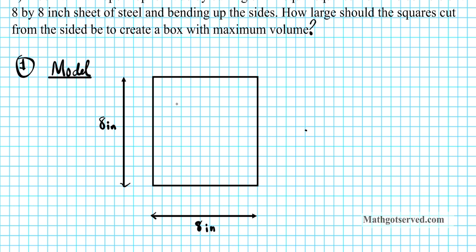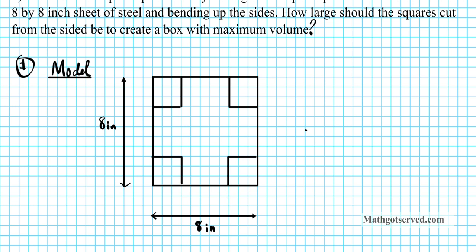from the sides. Let's create a representation of that cut on the sheet of steel we have. So let's just cut this square out of here. Equal squares are cut from all the corners. So let's cut out congruent squares of equal size from all 4 corners like this. Then it's folded to create a box.